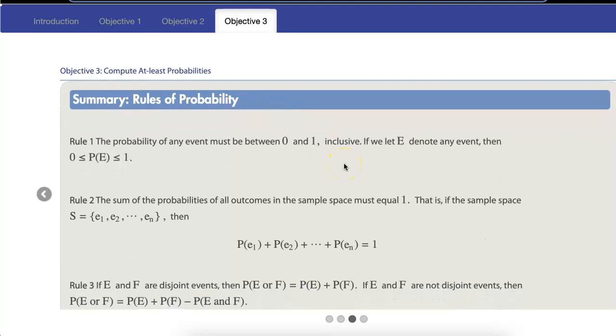And this is where we see a summary of probability rules that we will need for our course from Chapter 5.